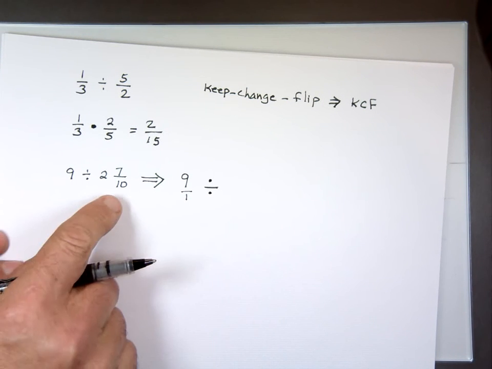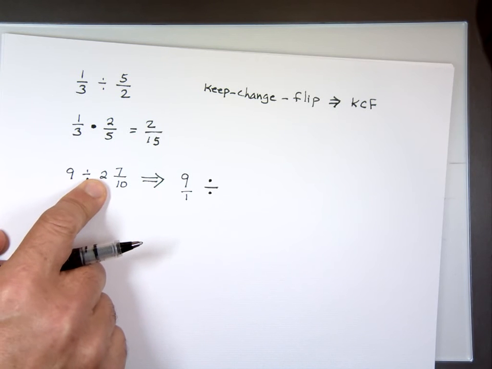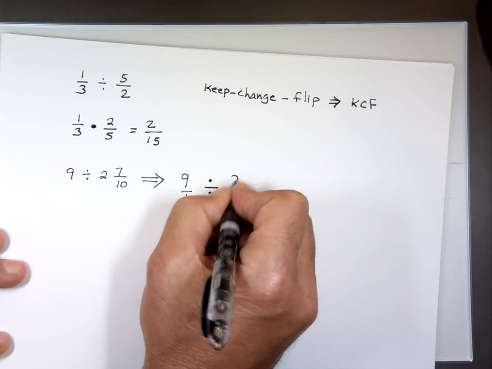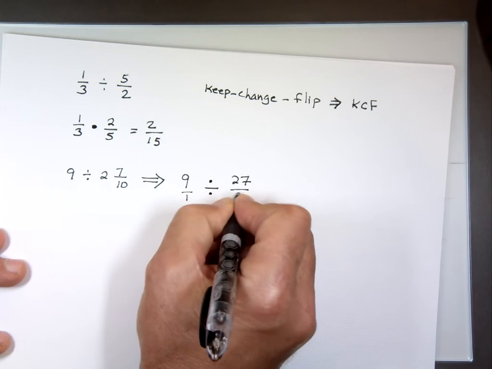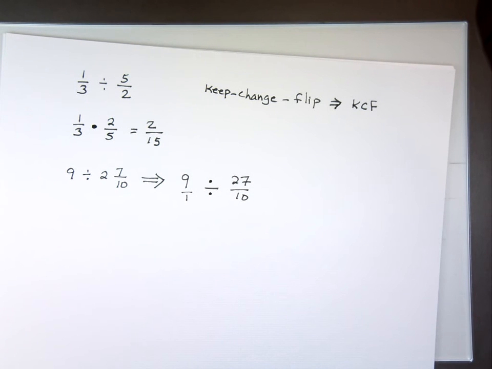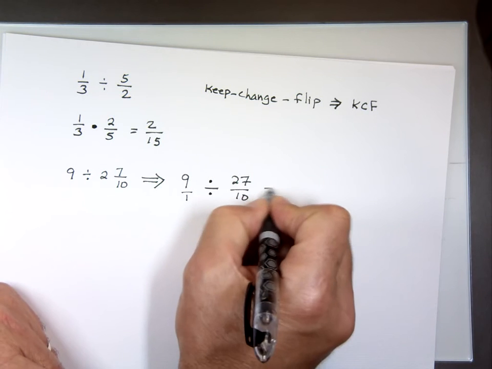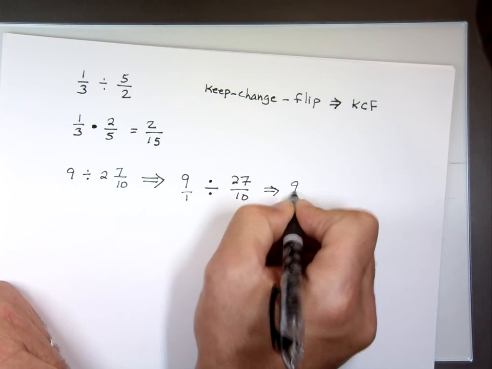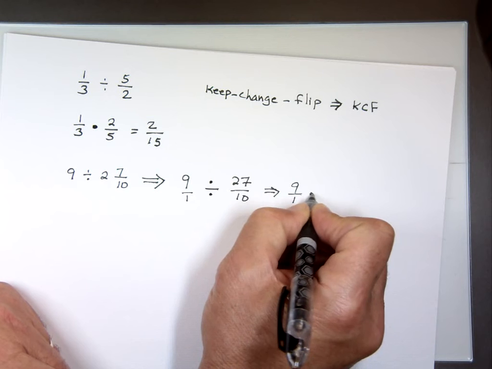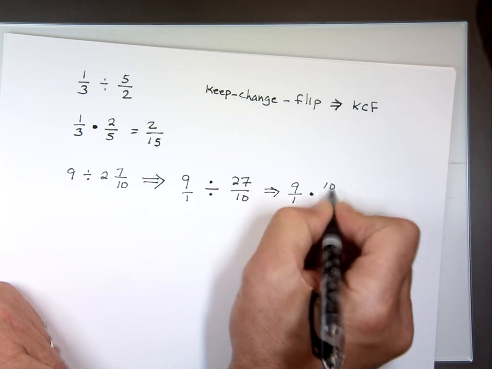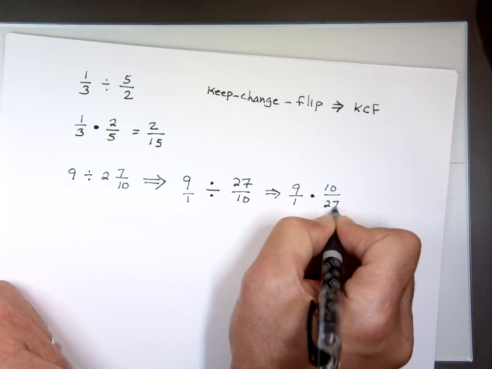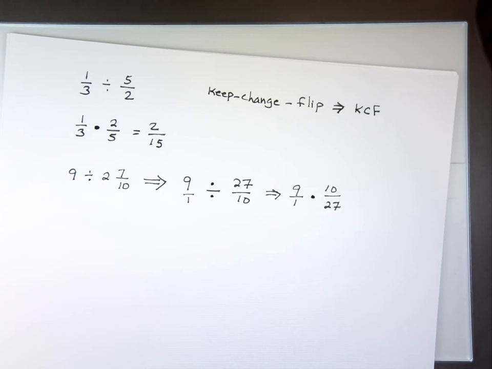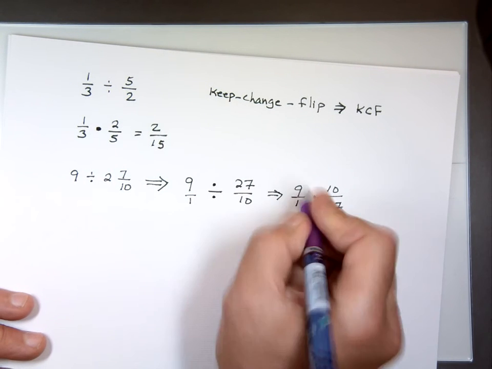What's 10 times 2? 20 plus 7? 27 over 10. Now let's apply that keep, change, and flip. So that will turn to what? 9 over 1 times 10 over 27. By 9, this is what? 1.